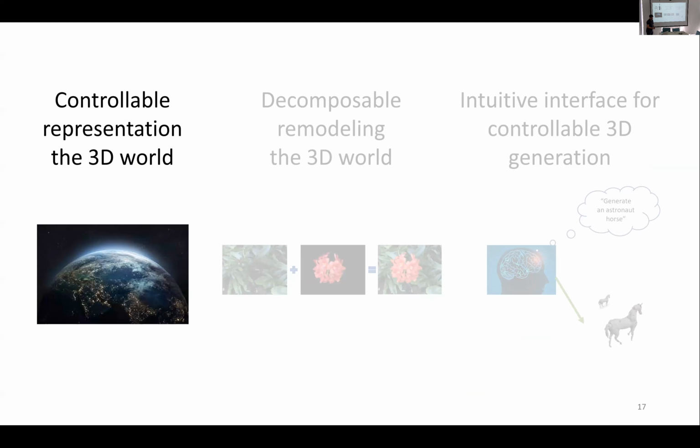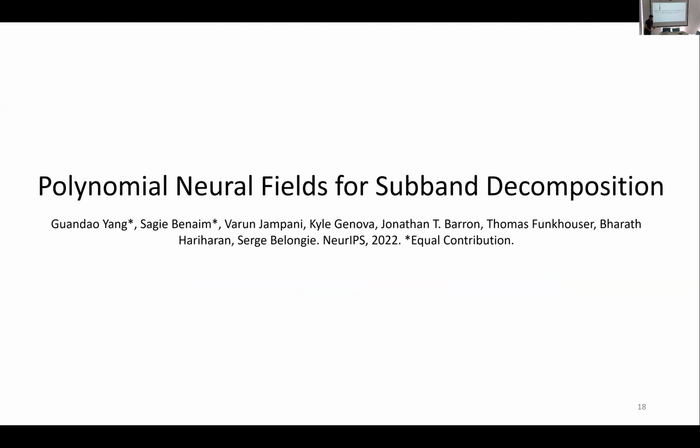So let's talk about the first challenge, and I'm going to talk about my work on each of these areas. Each of these challenges is by no means complete. We still have a long way to go, but I'm going to talk about my work towards solving those challenges. So the first work I'm going to talk about is that of polynomial neural fields for subband decomposition.